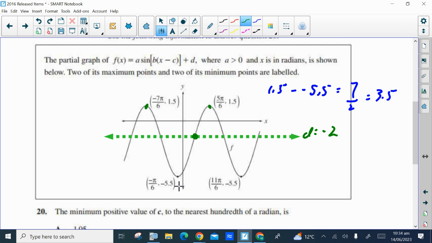Or we could go from this minimum to that minimum. It doesn't matter. Let's find our period by subtracting 5 pi on 6 minus negative 7 pi on 6. So that's going to give us 12 pi on 6, which is 2 pi. That's our normal period, which means our critical points will be every pi on 2.